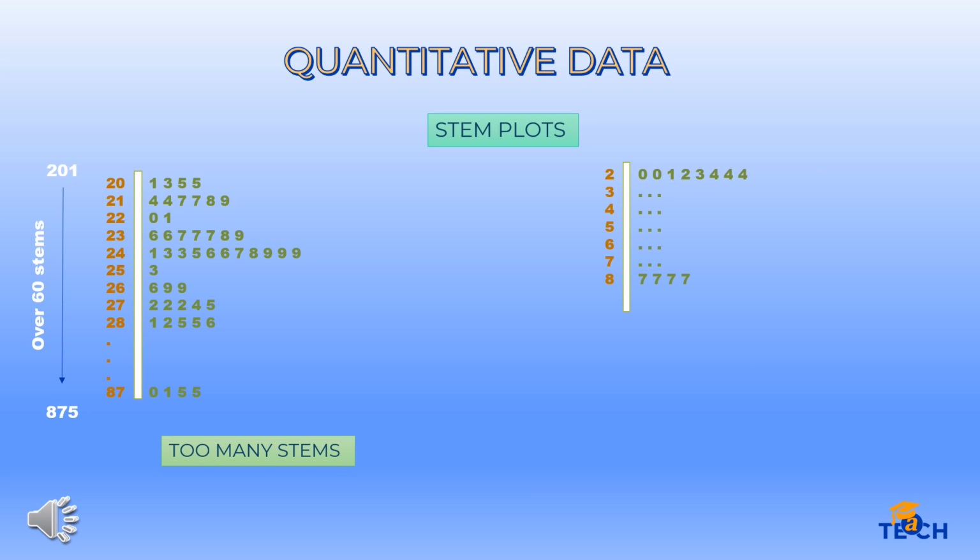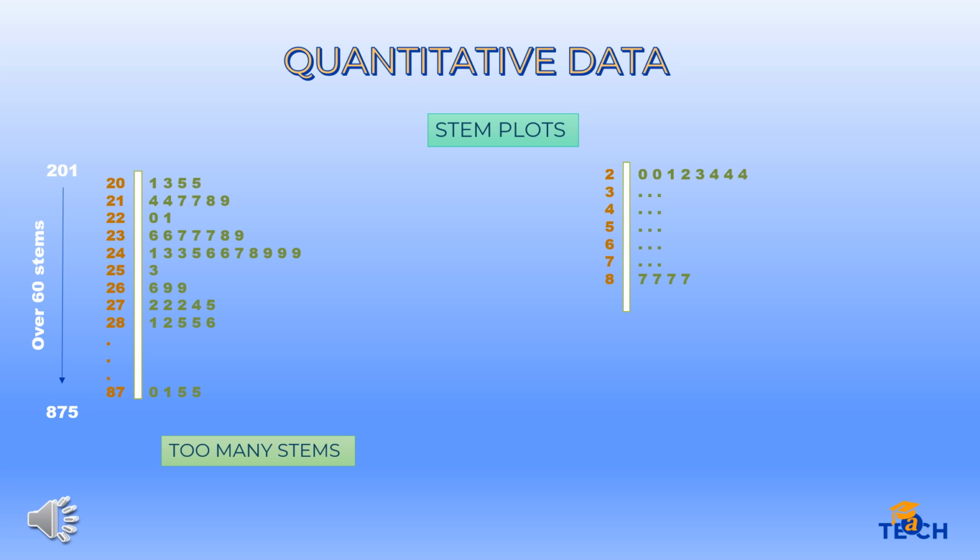By trimming the leaves, we get a better looking stem plot. Notice how we have reduced the amount of stems by doing this, and we have saved ourselves the trouble of having to write down all the 60 stems. This is why trimming can be useful, but be careful when you read the stem plots after it has been trimmed.